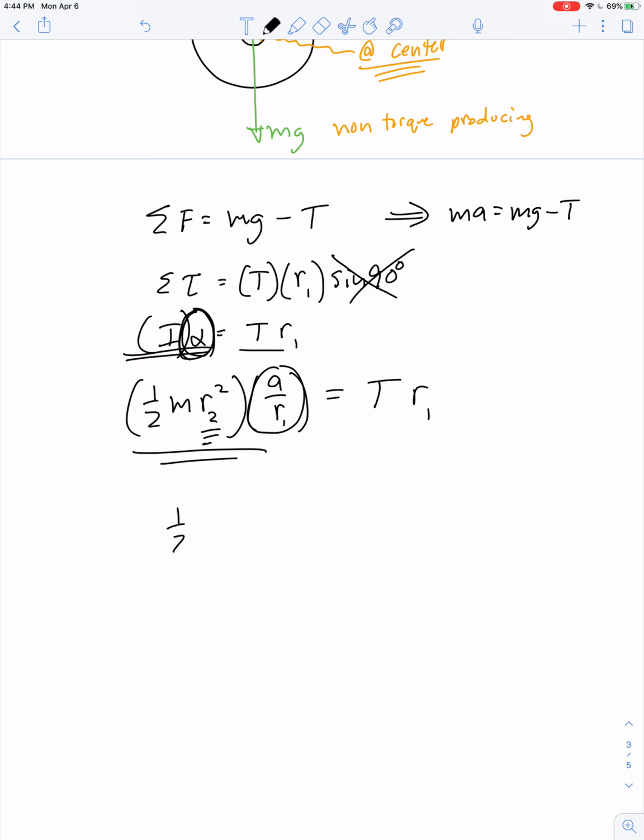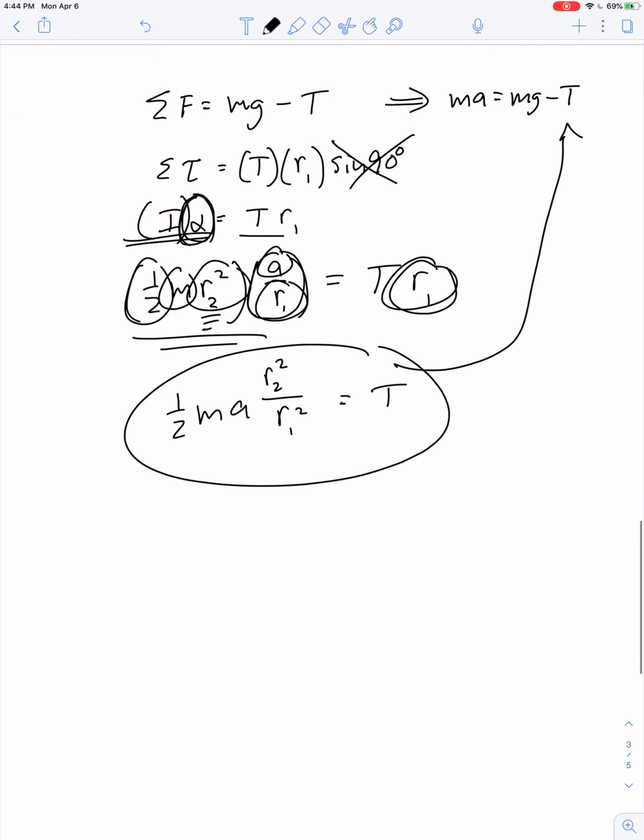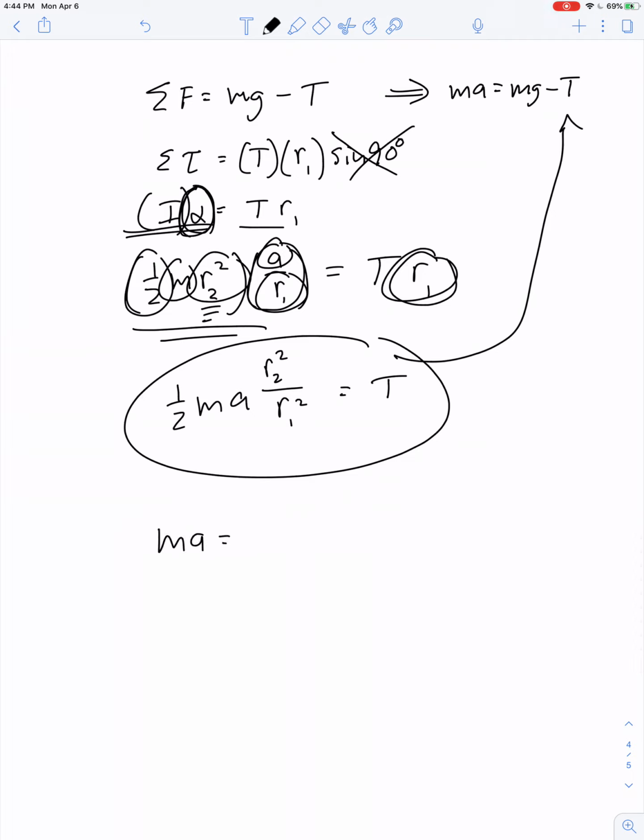So we have 1/2 MA, and then if I divide both sides of the equation by R1, I'm left with an R2 squared divided by R1 squared, and that's equal to the tension. So I can make a substitution. And I can say MA equals mg minus 1/2 MA times the quantity R2 over R1 quantity squared.